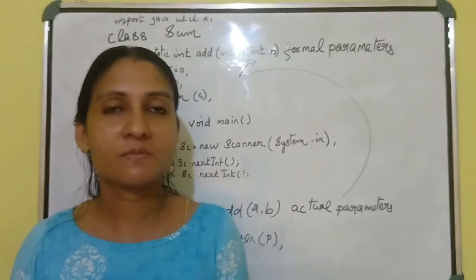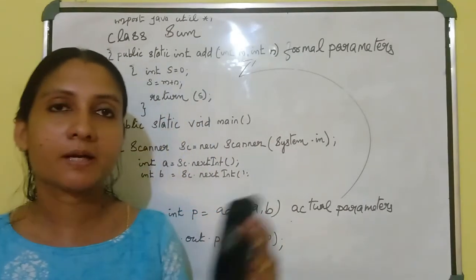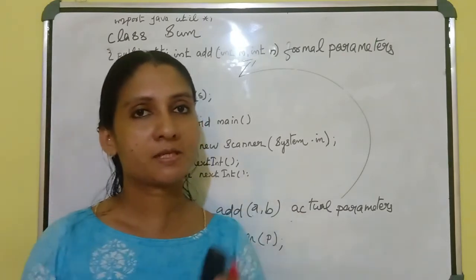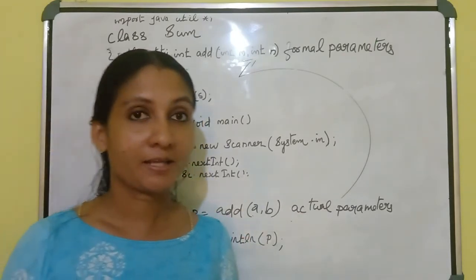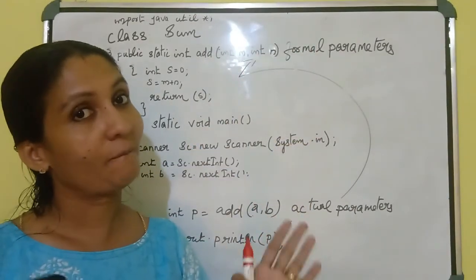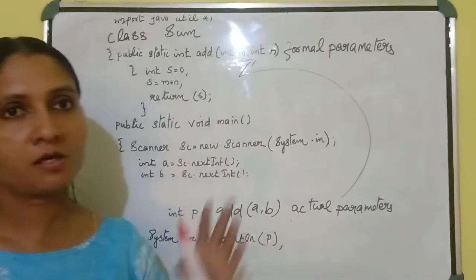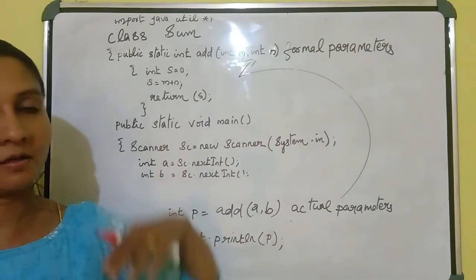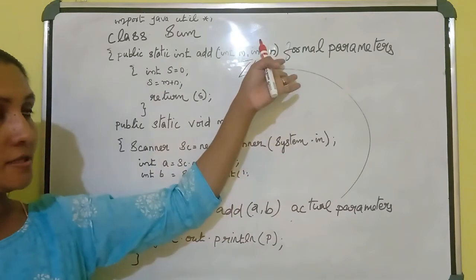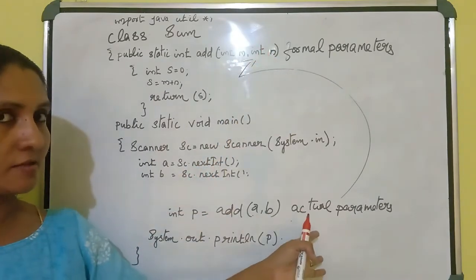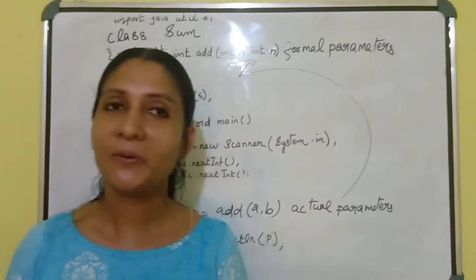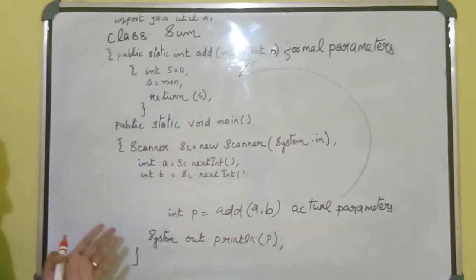Both are parameters, but what are the differences? One is preceded by a data type, and one is not. And one is defined in the function definition, and one is defined when invoking or calling the function. I think you all understood these things.